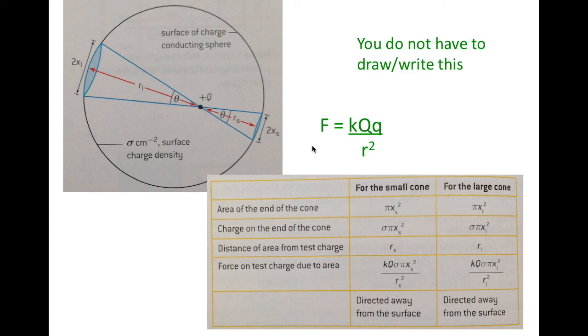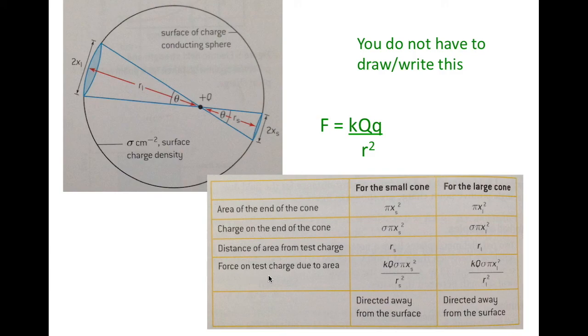Given this equation that we already know, that is force equaling k times charge 1 times charge 2 divided by r squared, because we know that the charge, which is Q, equals sigma pi x_s squared, we can just put this into this equation here to get the force on the test charge due to the area of a charged sphere.